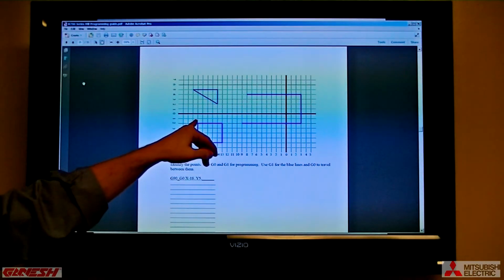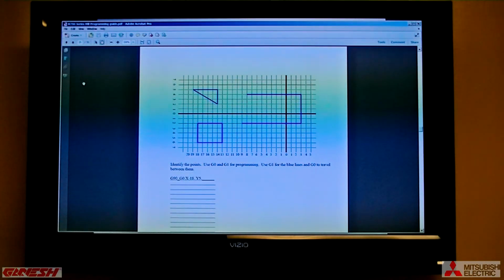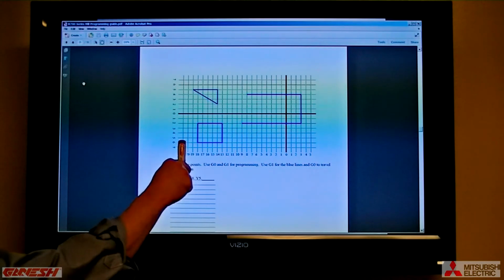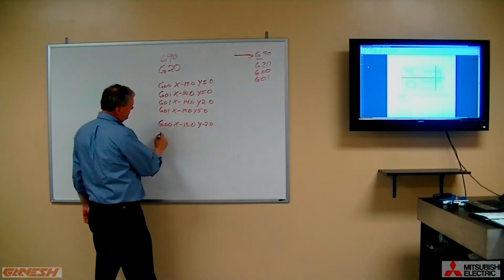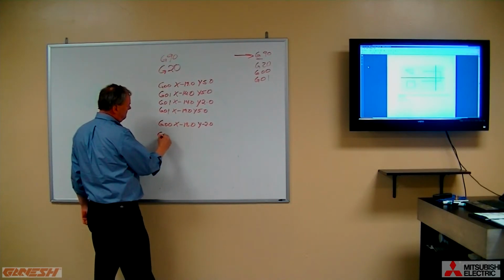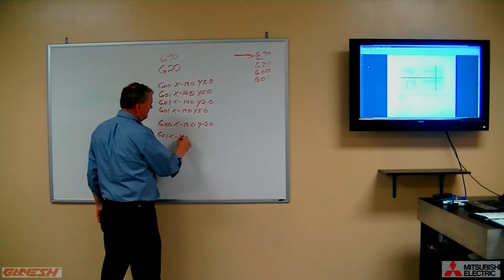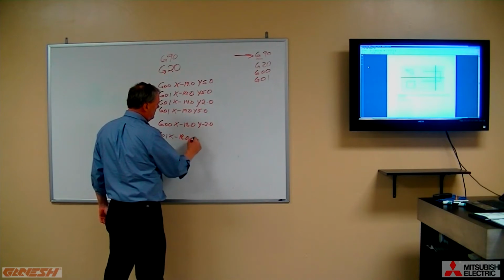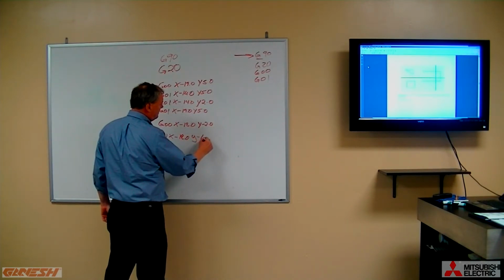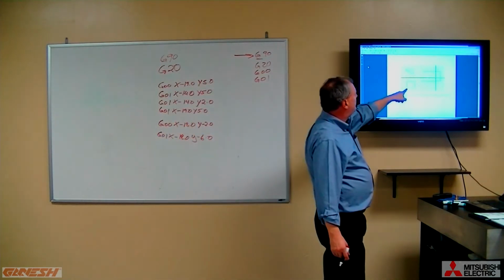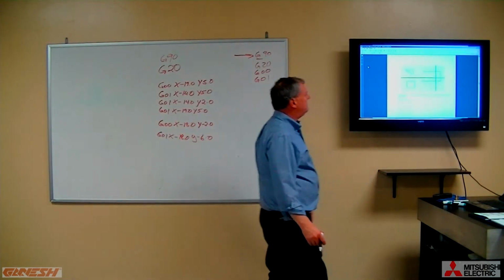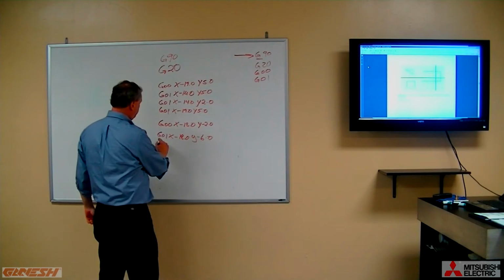So now we're sitting there and we probably want to do a G01 move to x minus 18, y minus 6. So here we'll shift it up and we'll say G01, x minus 18, y minus 6.0. And now we're sitting right here. So now let's move to there, and that's x minus 13, y minus 6.